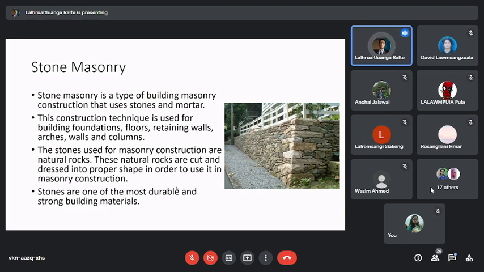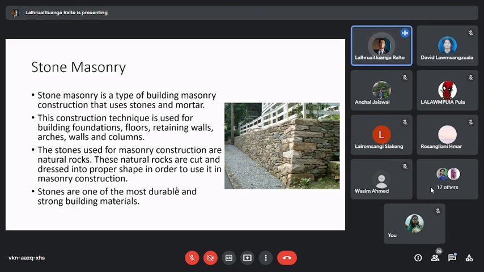The stones used for masonry construction are natural rocks. These natural rocks are cut and dressed in proper shape in order to use them in masonry construction. As I have mentioned, stones generally do not have a definitive shape. They are molded and dressed in such a way that they are usable, workable, and more importantly, bonded to each other in a properly cured manner.